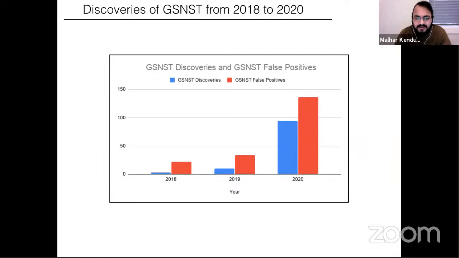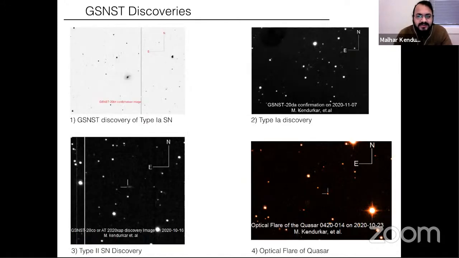In 2020, we discovered 94 supernovas and 136 false positives, which are not reported anywhere. These are some of the discoveries we made in 2020: a type Ia supernova, a type II supernova, and an optical flare of a quasar.